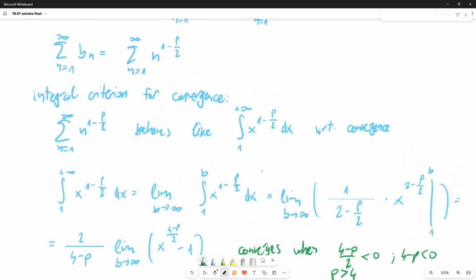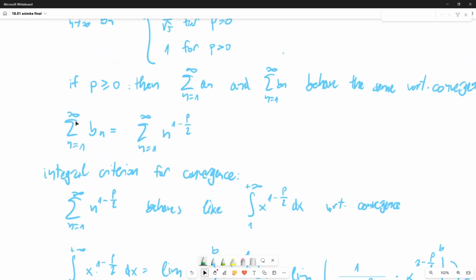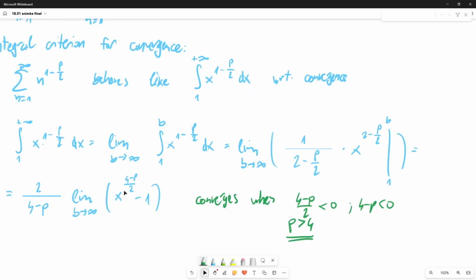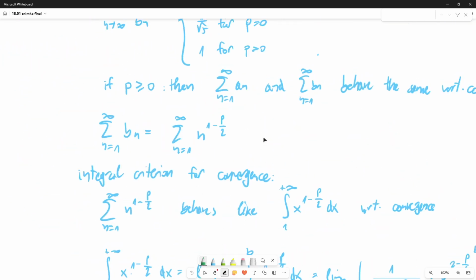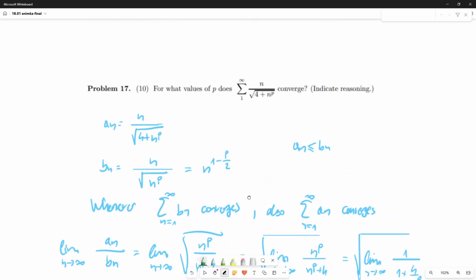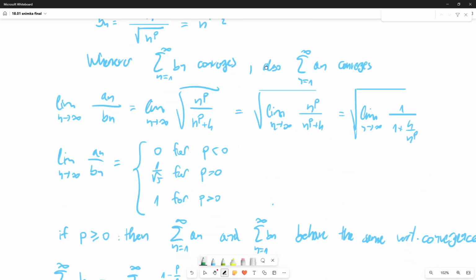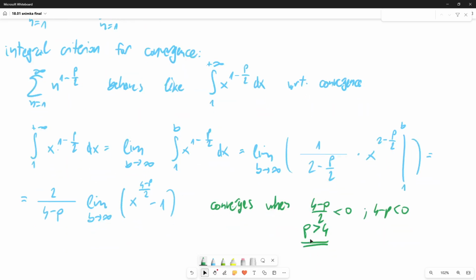We also see that this series that we used also converges whenever this integral converges. And finally, we can also conclude that our original series converges whenever p is greater than 4. We know that it diverges already for p equal to 4, and therefore it diverges for all possible values of p which are less than that.